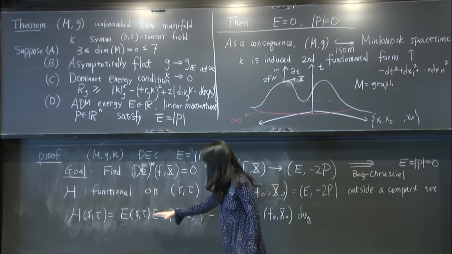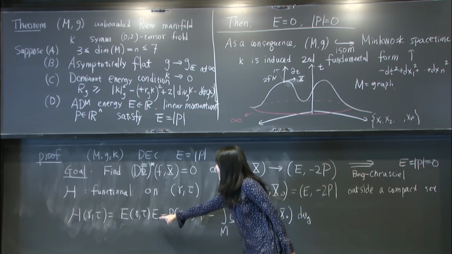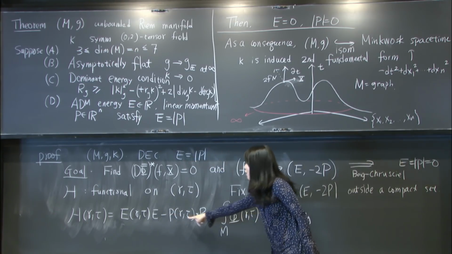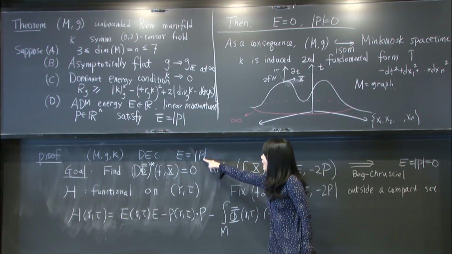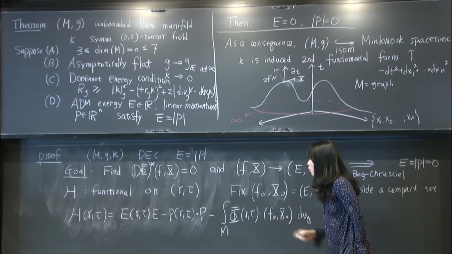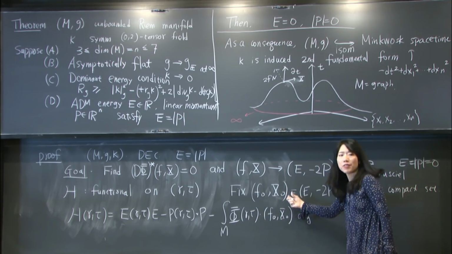The functional is defined by, we compute the energy of the initial data set times the E, which is a given number, and then the momentum of the initial data set, that product with the given constant vector, and then minus an integral term, which is a modified map, integrated against the given function.